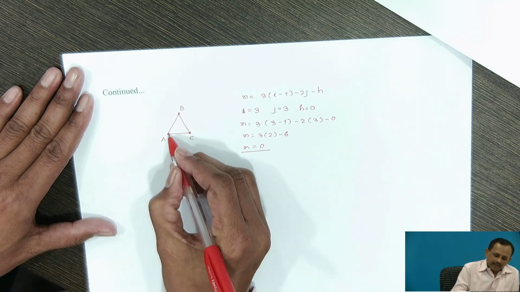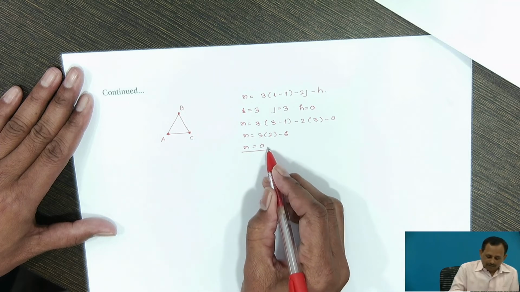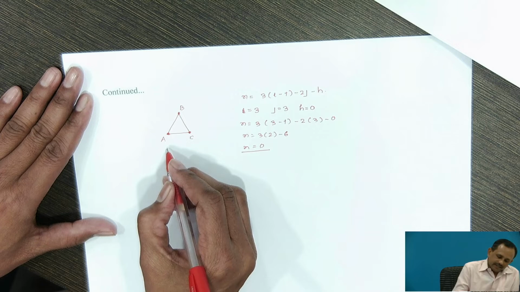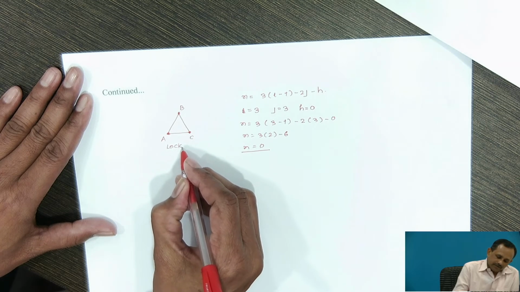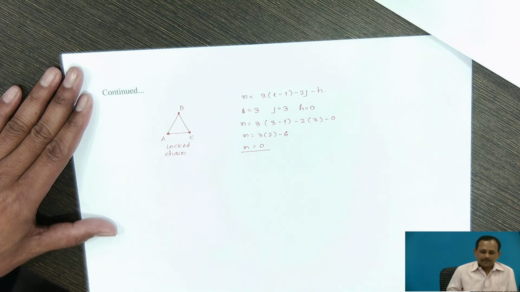So, a chain with 3 links whose degrees of freedom equal 0 means it is a locked chain having 0 degrees of freedom.